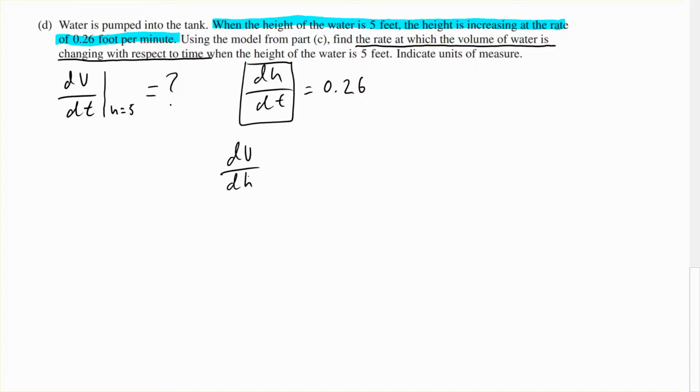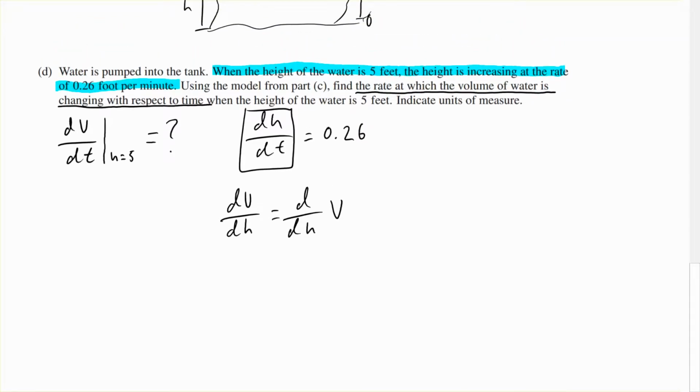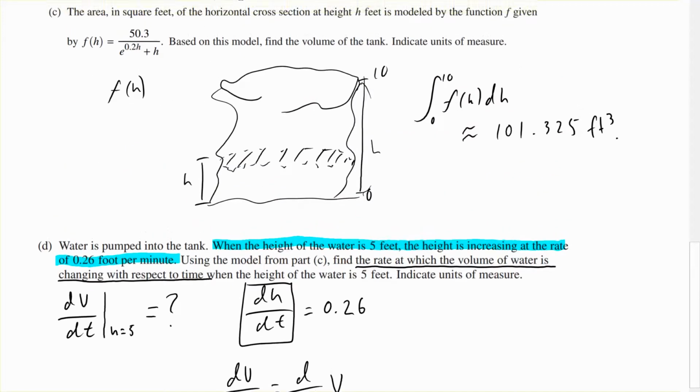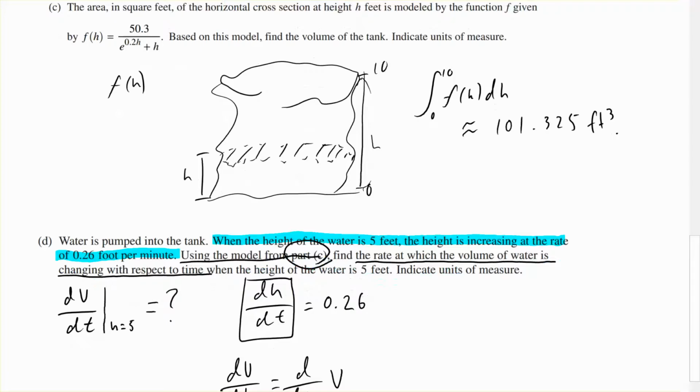we've got to check if we actually know what dV/dh is. So, this can be rewritten as d/dh of the volume, the height derivative of the volume. And if you scroll up and look ahead, using the model from part C, this is key information too.